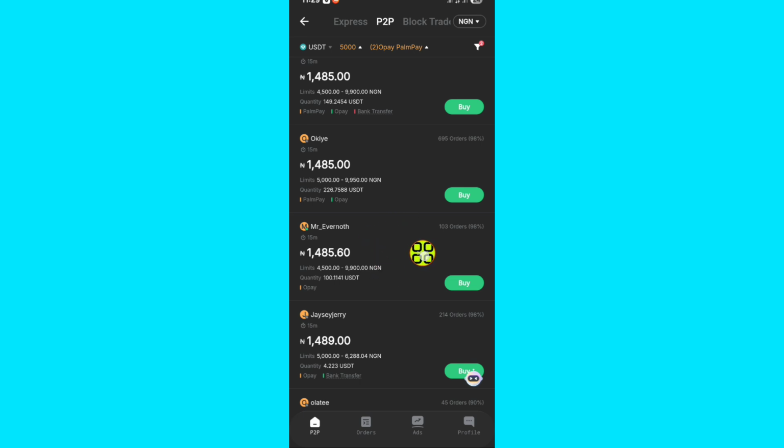The next thing to avoid is repeating a trade with one person at the same price. Let's say you place a trade with this person for 50,000 naira, and then you want to sell another 50,000 naira and you see the same person with the same amount. Do not trade with that person. Go to a second person, because if you place a trade with that person, he will press the paid button and use the previous transfer slip and send it to you in the chat as proof that he has paid you.